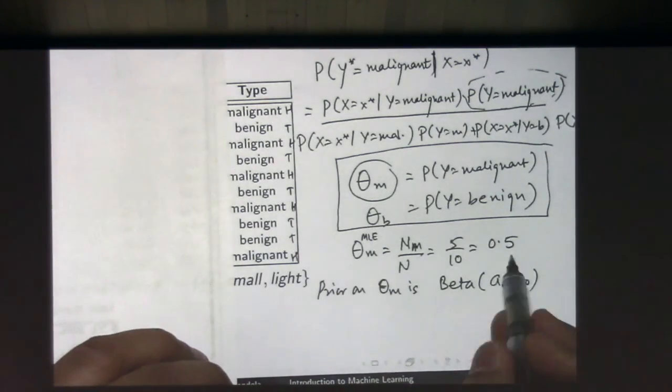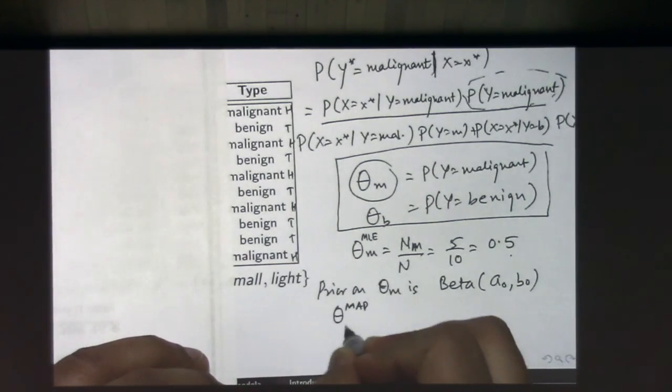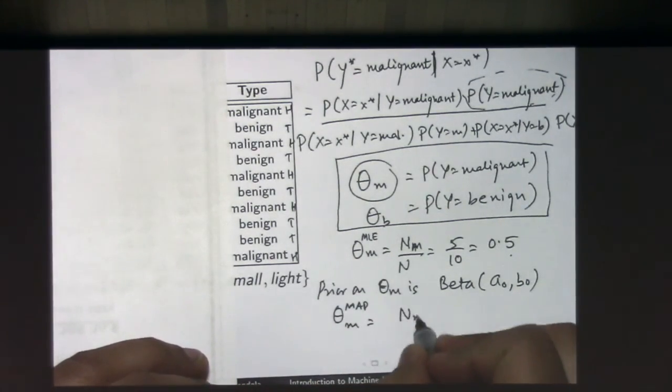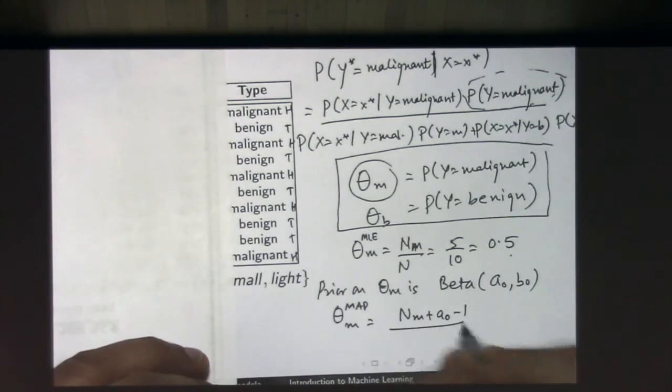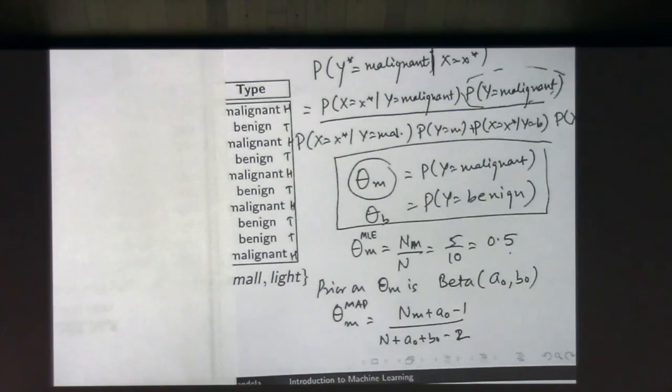Then instead of using this, you could use the MAP, which would be nm plus a0 minus 1 over n plus a0 plus b0 minus 1, right? Or minus 2, I think. If you refer to the notes, that's the exact expression, right?